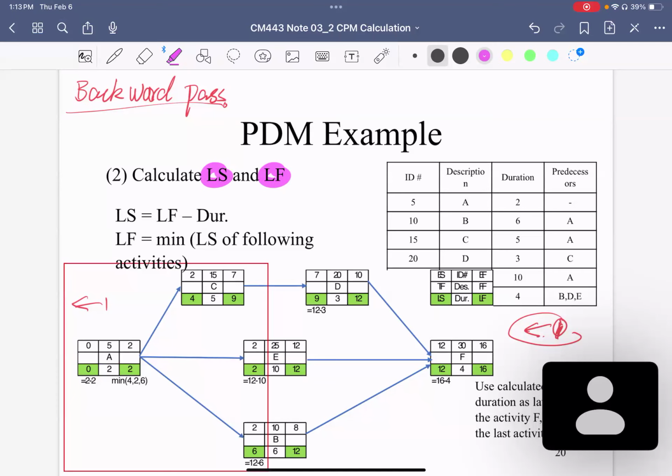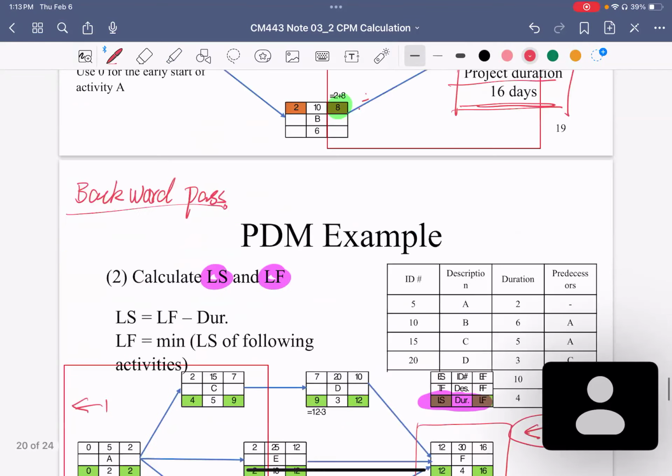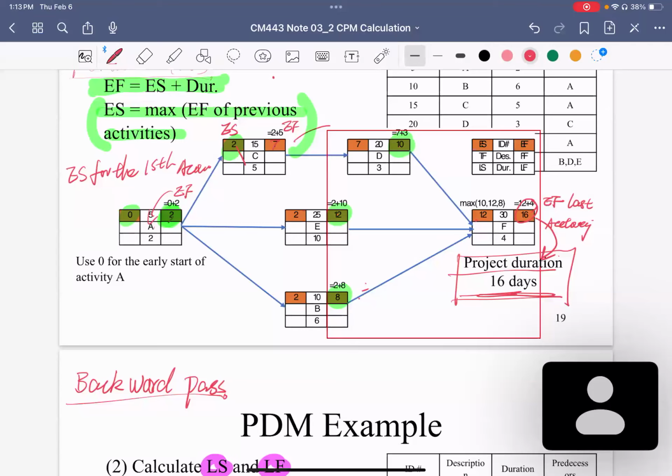From the table, that will be the bottom two numbers. So we will start here. The first thing we do is use the calculated project duration. Remember, the project duration is 16 days.